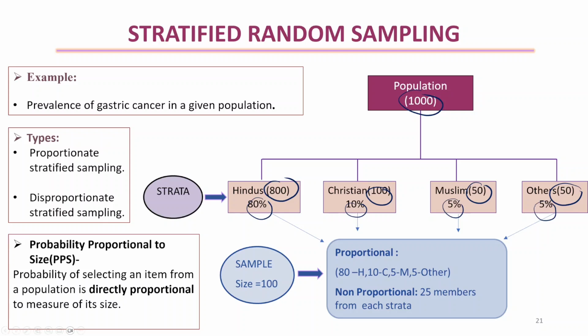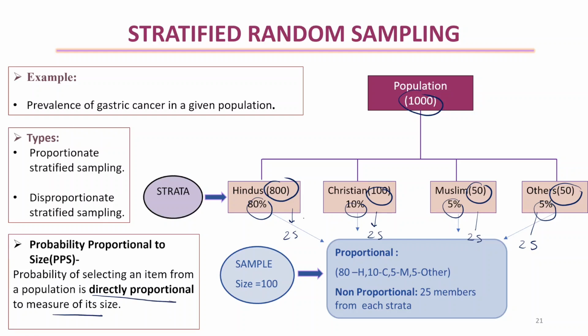Whereas in non-proportional sampling, I can select 25 members from each of the strata, but this will be disproportionate.